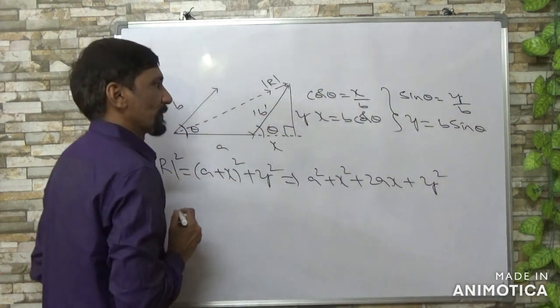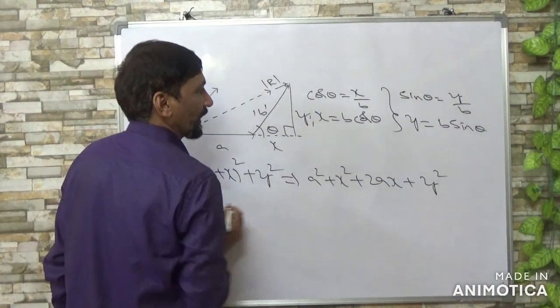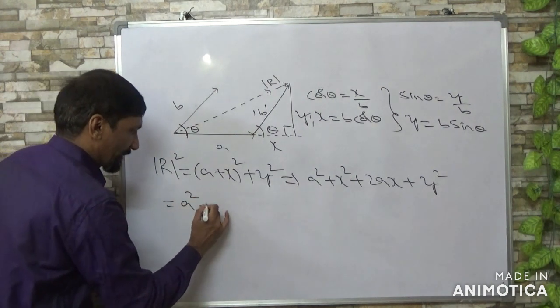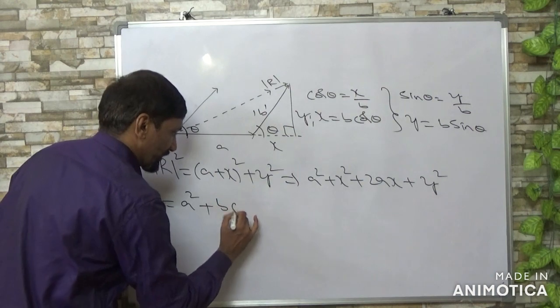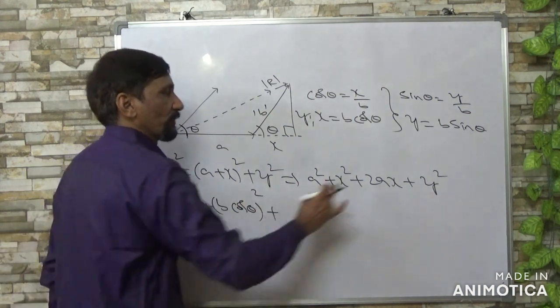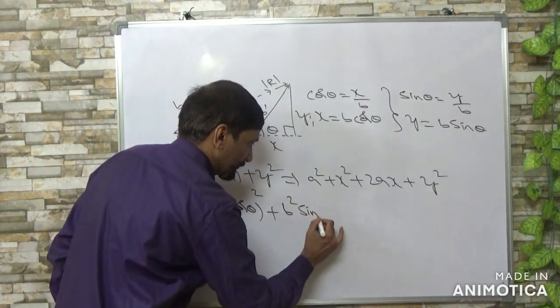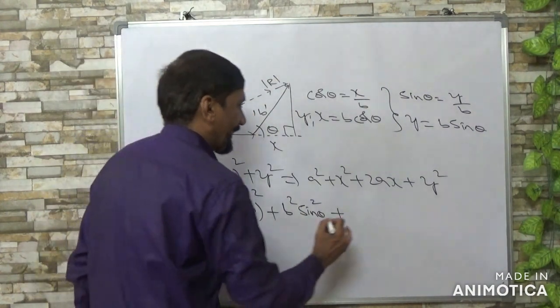Now you substitute X as B cos theta and Y as B sin theta. So A square plus B cos theta whole square, plus B sin theta whole square, plus 2AX.